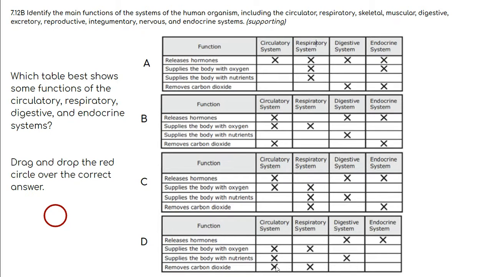Yes, that's your digestive, and yes, your circulatory system carries those nutrients to all cells of your body. Removes carbon dioxide. Correct, it's respiratory because respiratory means oxygen in, carbon dioxide out. And it's your circulatory system that's carrying it. So D would be the correct answer. So you would drag and drop your circle over D.